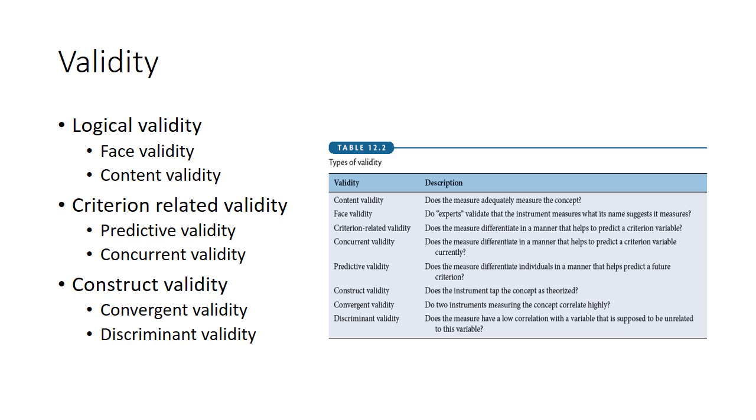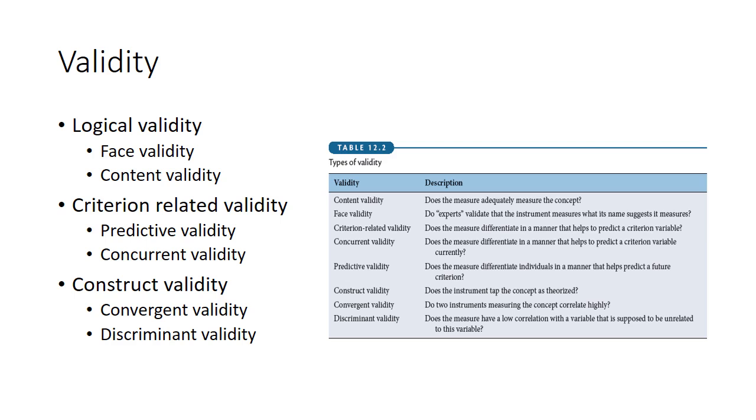Criterion related validity, as you already discussed, does the question differentiate in a manner that helps to predict a criterion variable. Concurrent validity, does the measure differentiate in a manner that helps to predict a criterion variable currently. What is a criterion variable?